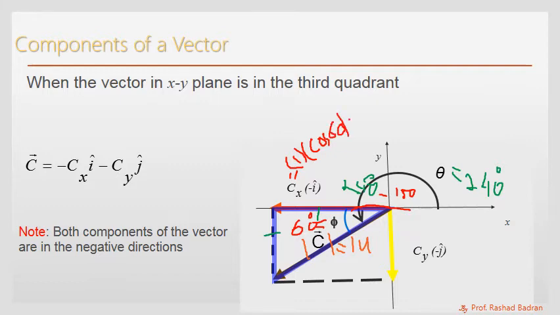Then the answer is simply 0.5. So in such case, the magnitude of the x component must be substituted there.